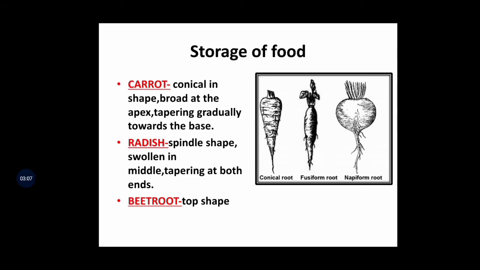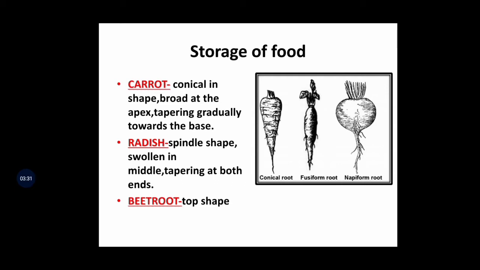First, storage of food. Look at this: radish, turnip, beetroot and carrot. They all grow under the soil. As soon as you pluck them from the ground, if you wash them gently, you will notice small roots dangling from their surface. All these vegetables are in fact roots of the plant.